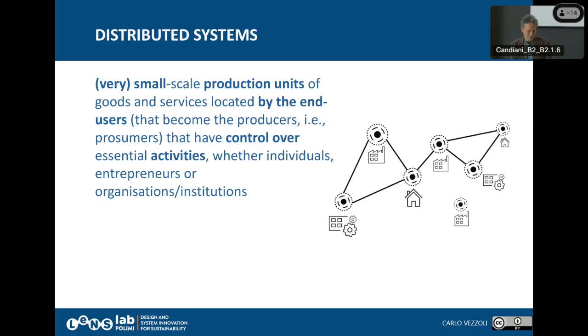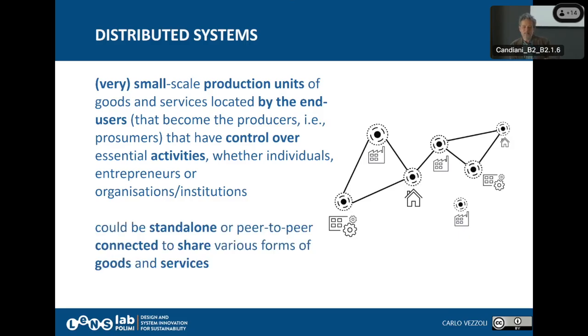It's by the end user that becomes indeed the producer. Usually it is common to use the word prosumer, to take together producer and consumer, that have the control over all the essential activities, whether again they are individuals or entrepreneurs, other types of organizations, and so on.